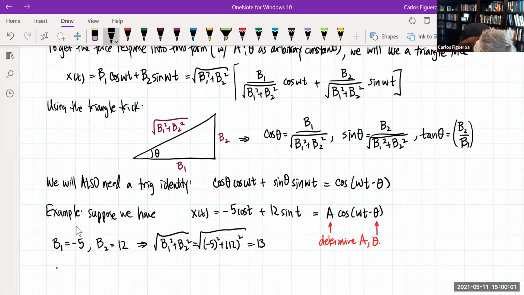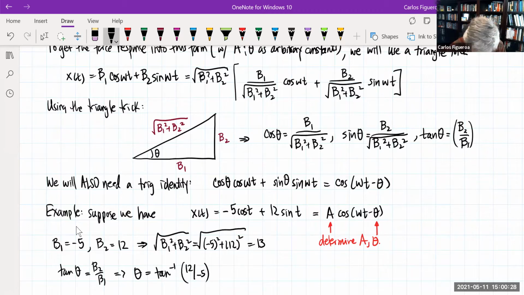So the tangent of theta tells me that we're talking about B2 over B1. If I plug these values in, theta is the inverse tangent of 12 divided by minus 5.